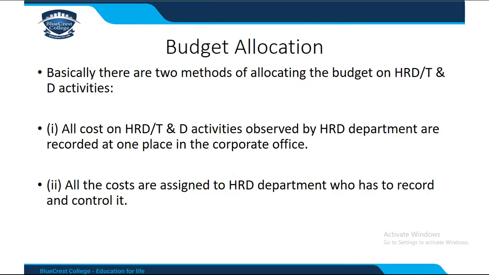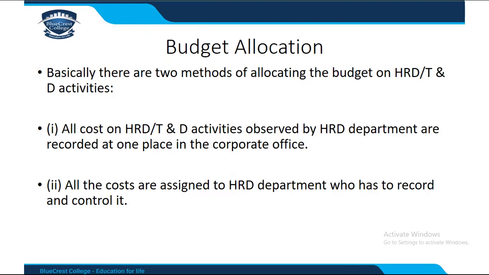And then the second method requires that the central office, okay, puts together the training budget allocation for the HR departments and gives out to them as and when necessary. Okay, so the HR department, they control their spending of the funds for training.